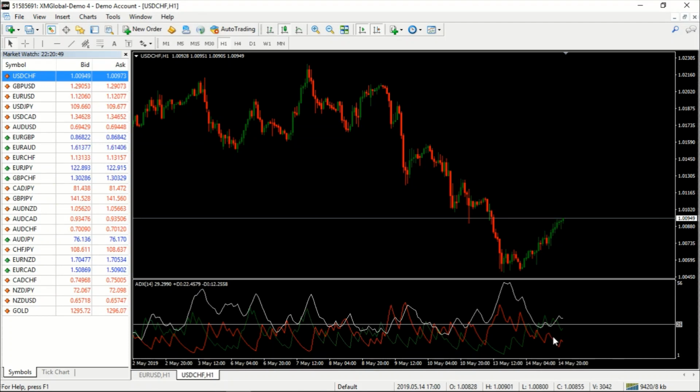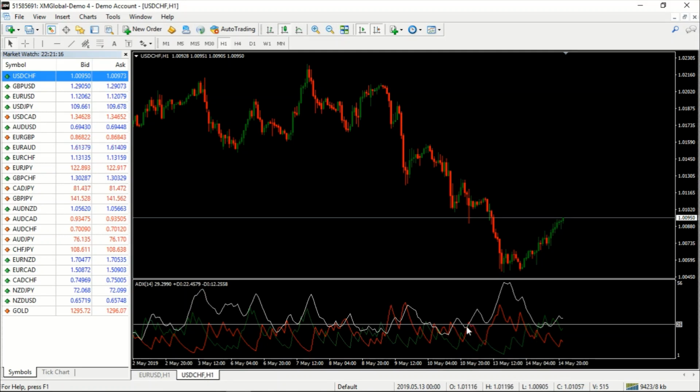So when the green is above the red, in theory this would show you an uptrend is busy forming. When the white ADX line moves above the 25, this now in theory confirms to you that we are now entering a strong uptrending market. Right, the opposite would be for a downtrending market.